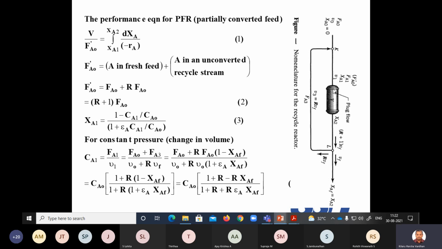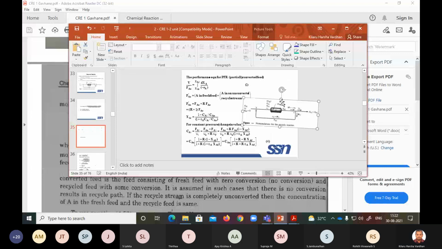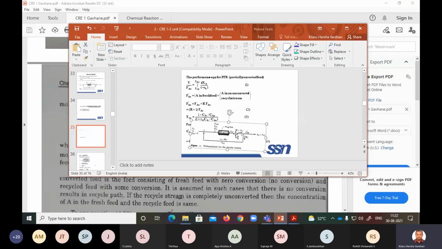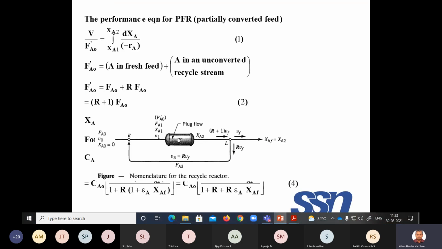Let us put it here so that it will be easy for us. Now you see the performance equation of PFR. This is only the performance equation of PFR I'm considering. This is the inlet and this is the outlet.